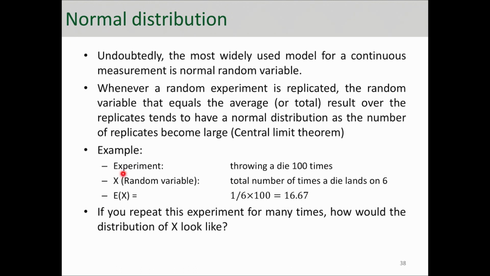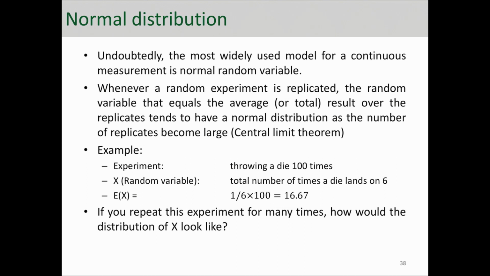So let's say the experiment is throwing a die 100 times, right? And the random variable that you're recording is the total number of times a die lands on 6. We all know that on a single throw of a die, that probability is 1 over 6.